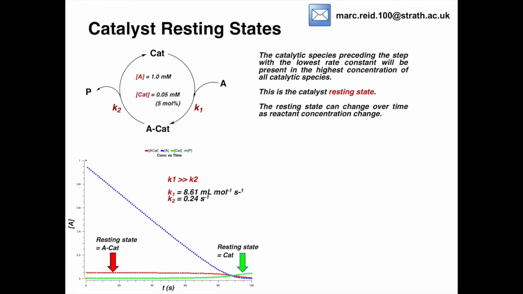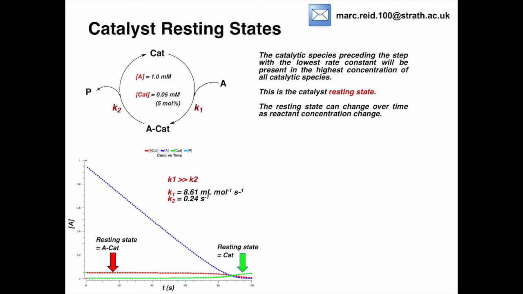Look again at the kinetics of the catalytic cycle where K2 is smallest. The catalytic species involved are, firstly, Cat, the catalyst proper, the unbound catalyst, and secondly, ACat, the catalytic intermediate with bound substrate A. For most of the reaction, the concentration of ACat is greater than the concentration of Cat, and therefore ACat is the catalyst resting state.